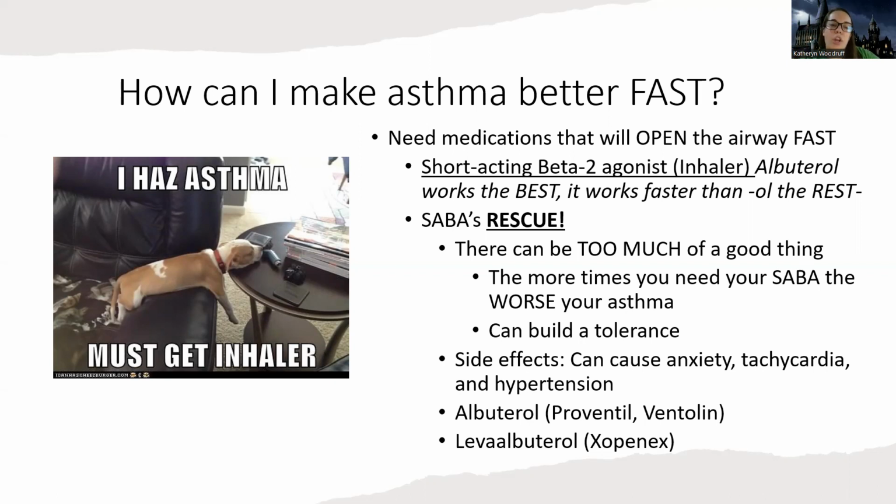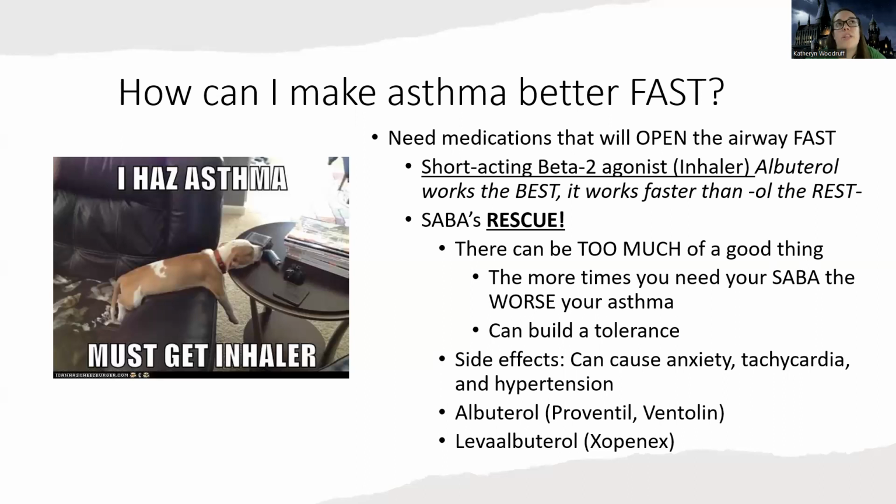The medications that open the airway fast during an emergency or during an attack are called SABAs, or short-acting beta agonists. This is the one that most people are familiar with, known as albuterol. Like I mentioned, there can be too much of a good thing. You can build up a tolerance with this rescue inhaler.